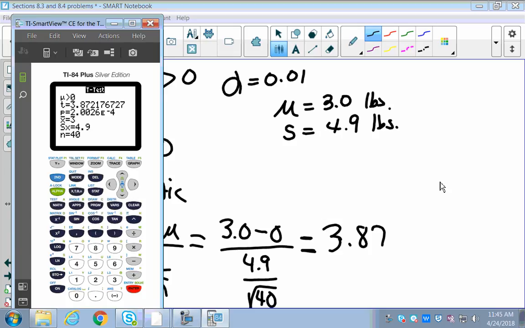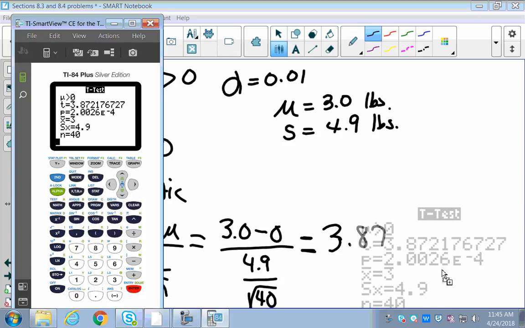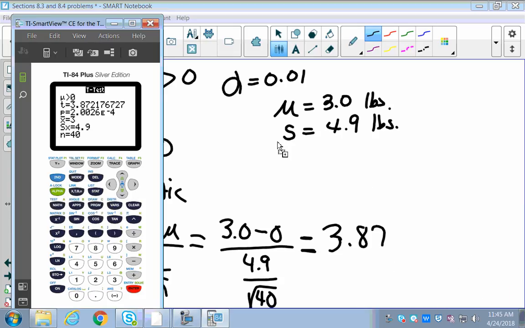T is 3.87. My p-value is what? For this particular curve at 3.87, the t of 3.87, we don't have a chart for our t's. So let's pull this out for the window, put it down here.